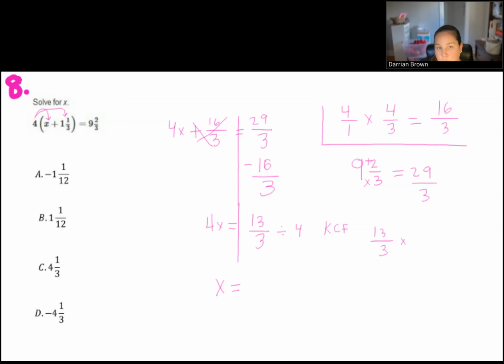So currently 4 is the same as 4 over 1. So if we flip that, we get 1 over 4. And 13 times 1 is 13 on the top. 3 times 4 is 12 on the bottom. Now, do you guys see 13/12 as an answer choice? No, so we need to do what?